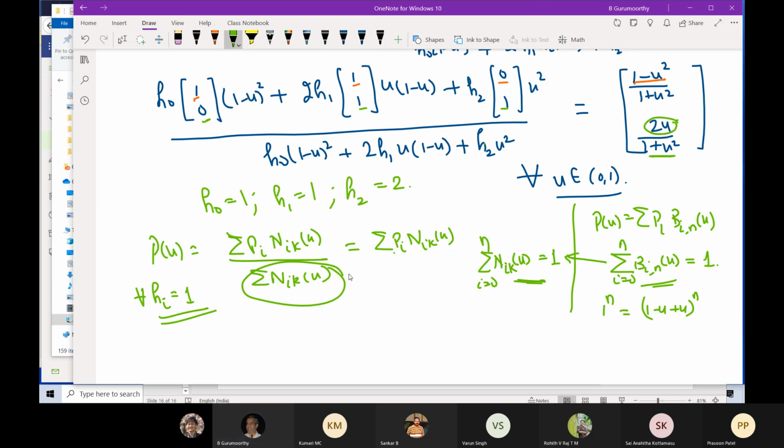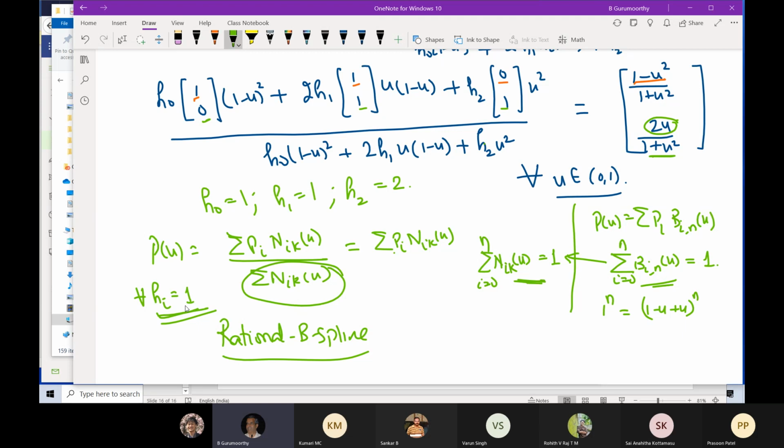Okay? So what does that tell you? It then tells you that the rational B-spline is now the new superset. And the regular B-spline that we studied is a special case of the rational B-spline for all h_i's being equal to 1. So we have now got a slightly higher class of generality where I have these weights associated with these control points.